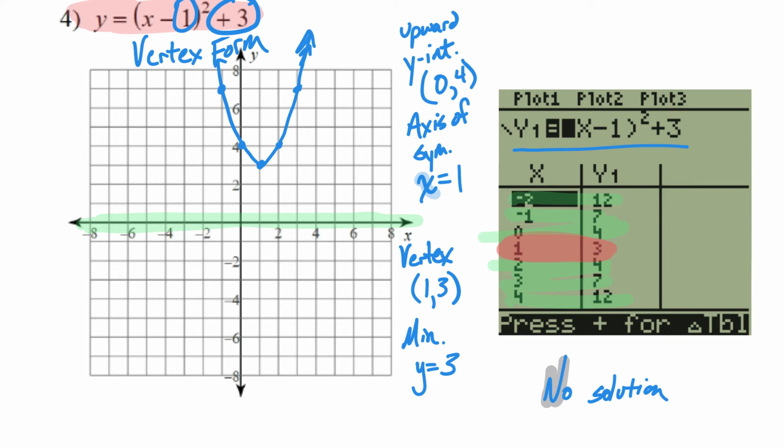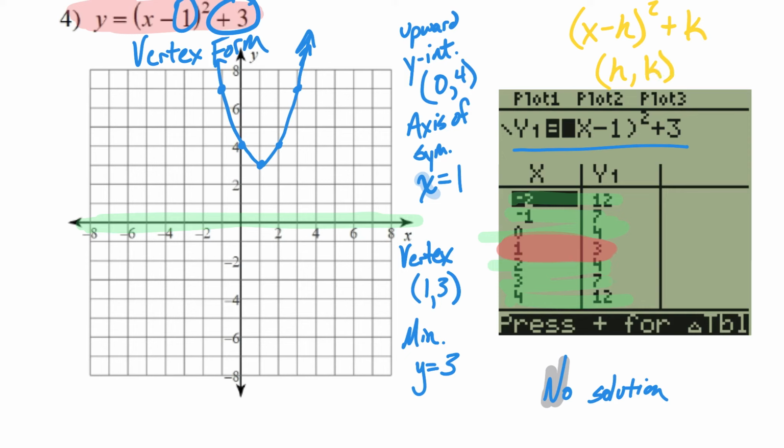The reason why this works this way, and that's why it's called the vertex form, is the vertex form is x minus the h value, squared, plus k. Now the h value is the x value of the vertex, and the k value is the y value of the vertex.